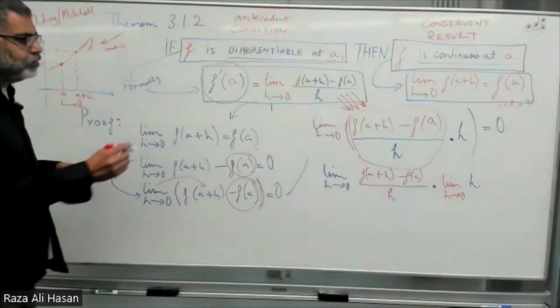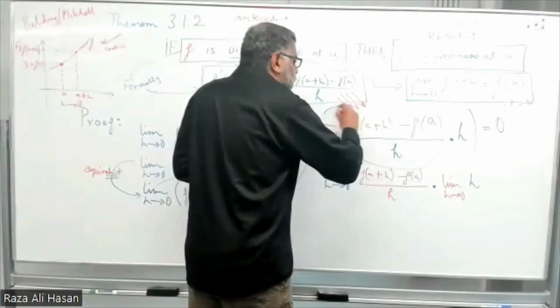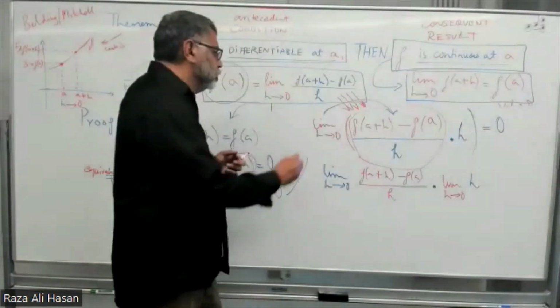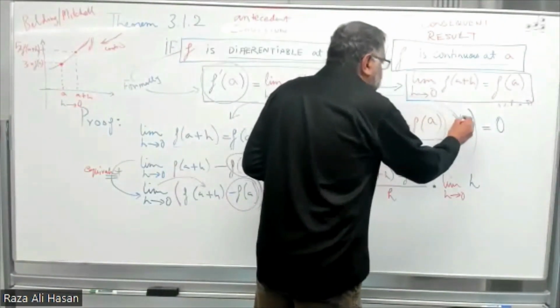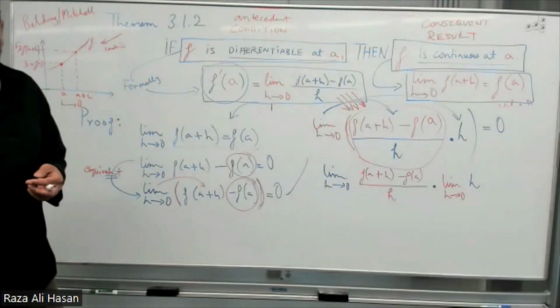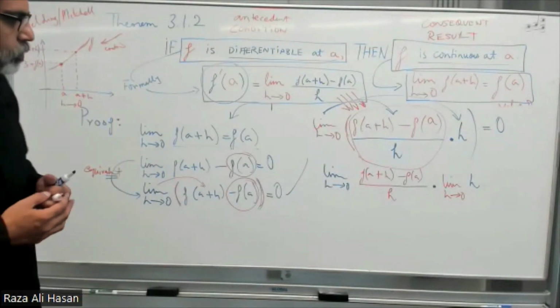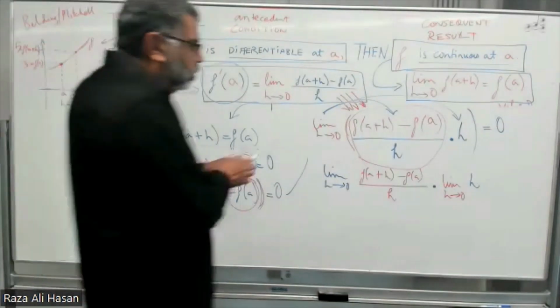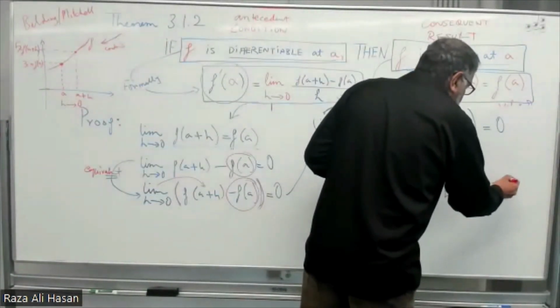What we have done is distribute the limit to the first term and to the second term of the product. And that is legit. It's one of the properties of limits. And all of this equals 0.